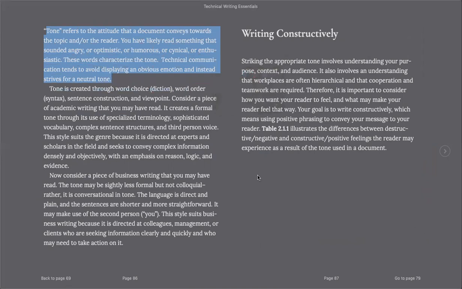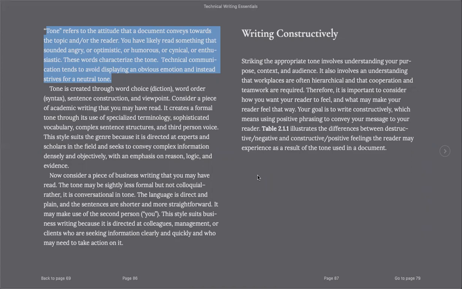Tone refers to the attitude in which you write. Is your attitude angry? Is your attitude polite but strict? Is your attitude caring, sympathetic, empathetic? So always make sure that you avoid any negative tone within your writing. For example, if I want to say that I did not receive that document, once again, I can use passive voice.